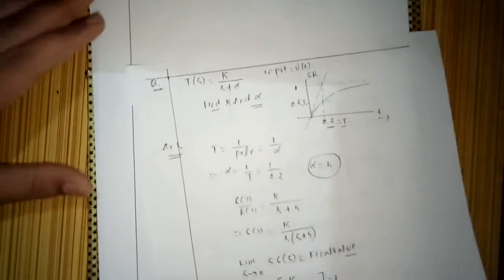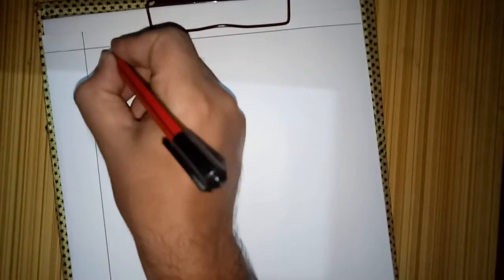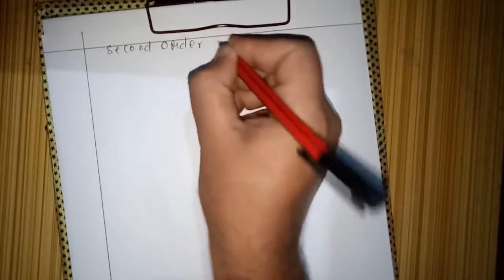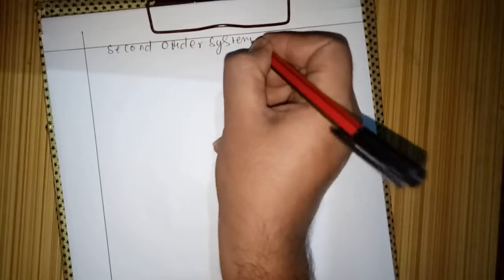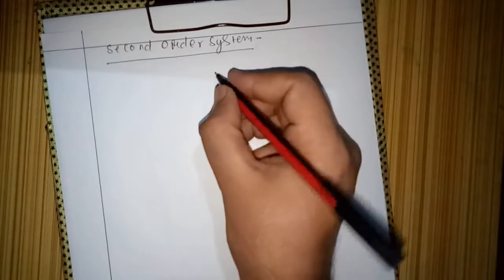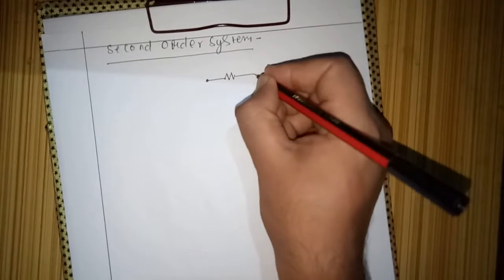Now we will move to our second order system. It is one of the very important and very frequently used systems in control system, right? So what I write, second order system, right? What is the second order system? We already discussed that it is going to be low pass only. So how can I make a low pass second order system?